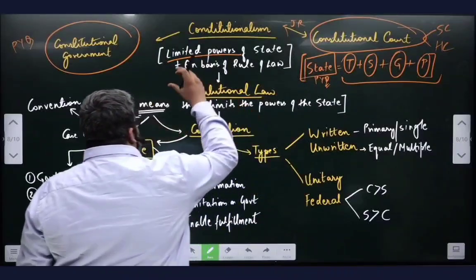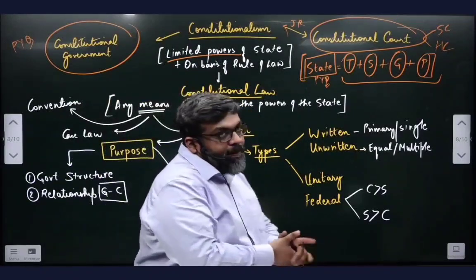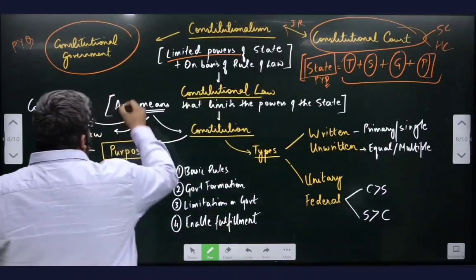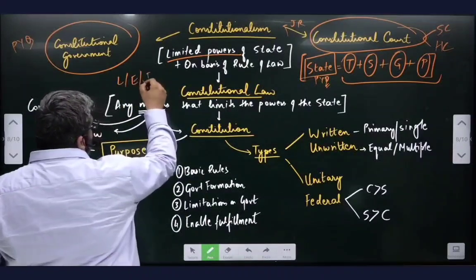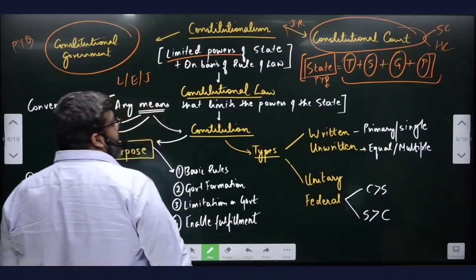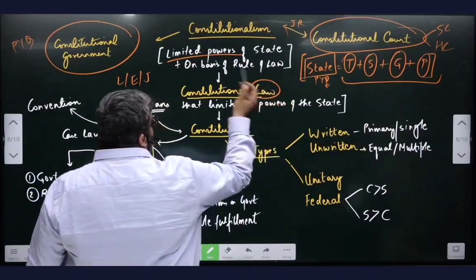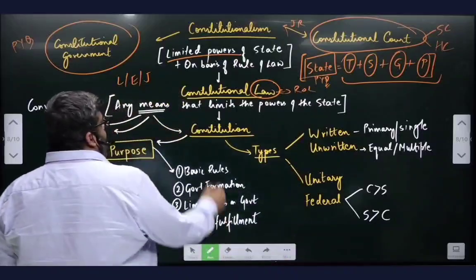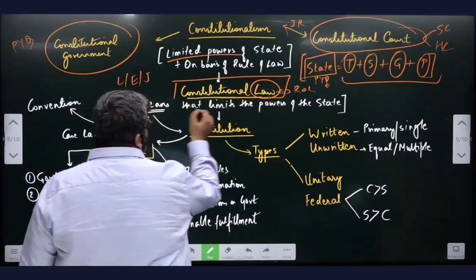So constitutionalism effectively means limiting the powers of the state. Now, the best way to do this is, we can't give any of the agencies of the state any such powers, we've got to do it by law. And therefore, rule of law also kicks in. And therefore, we have the concept of constitutional law.